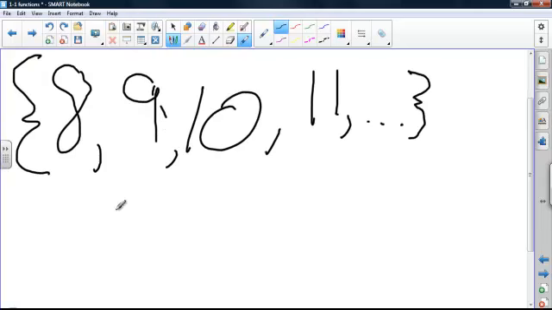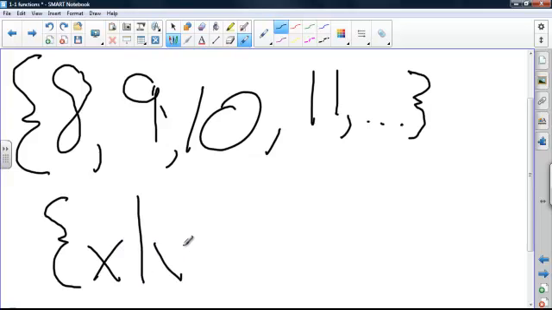If we're going to write this set of numbers into set builder notation, again, we start with a brace, and then we're going to put x such that x is greater than or equal to 8. Now, we have to put a condition on here.